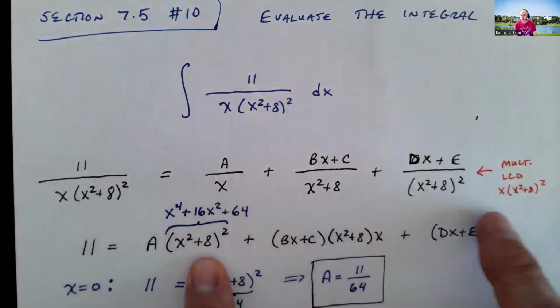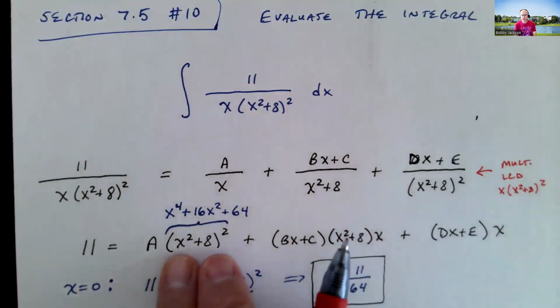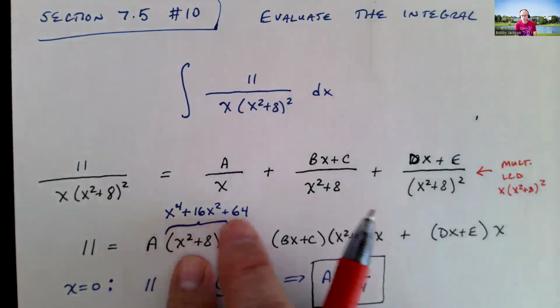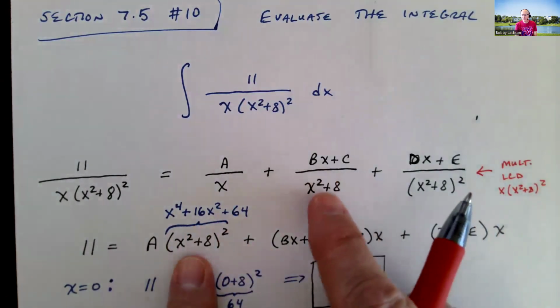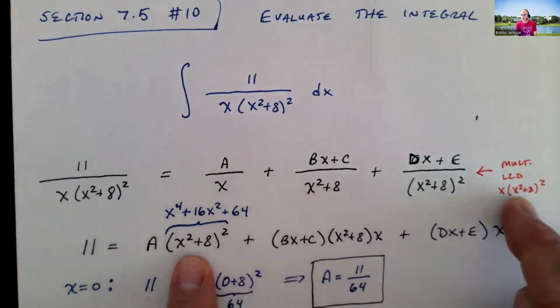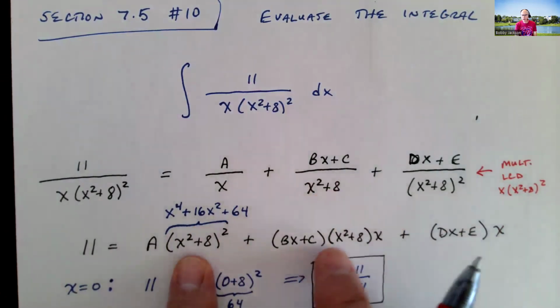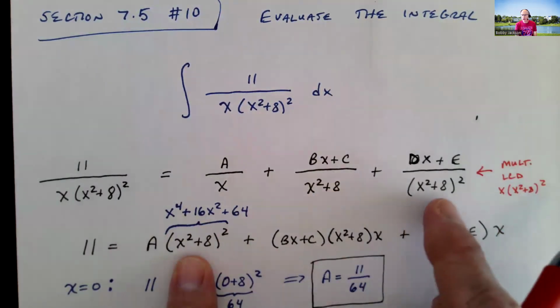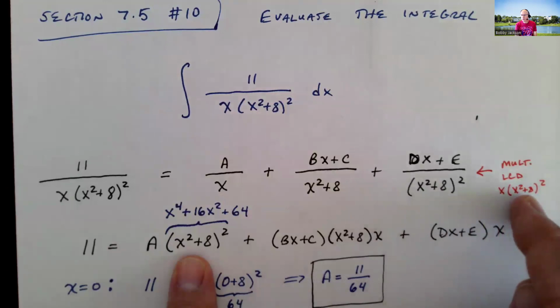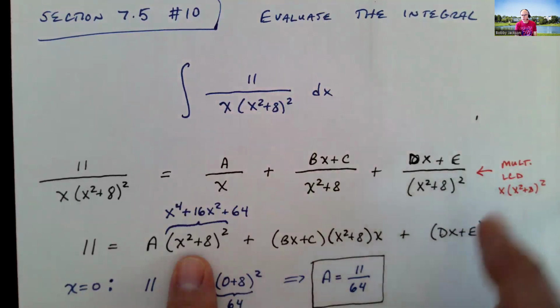When I multiply A by that, the x's cancel, and I'll have A times the quantity x squared plus 8 squared, which I've actually expanded above here for later. We'll use that in a minute. And then here, one x squared plus 8 cancels. That leaves the x and one x squared plus 8 factor. And then finally here, when we multiply, the x squared plus 8 factors both cancel, and we're just left with x.